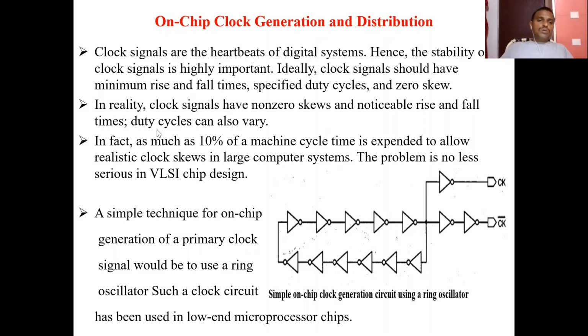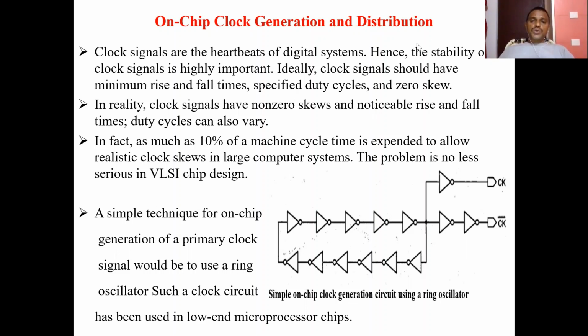Now the next one: in reality, clock signals have non-zero skews and noticeable rise and fall times. Duty cycles can also vary. Clock skew is nothing but this: if you apply a clock signal, the time taken by this clock signal to reach the required place or required device is called clock skew.